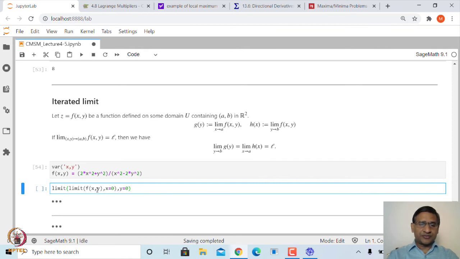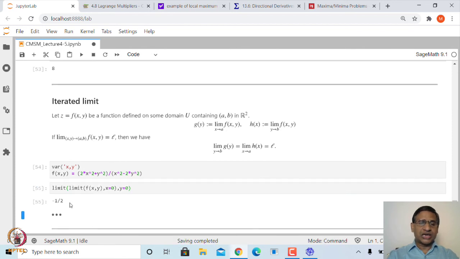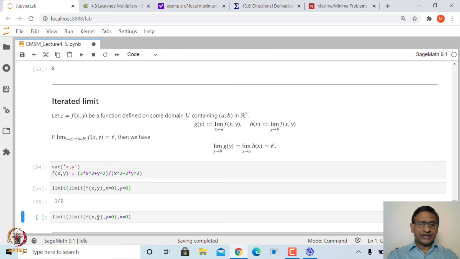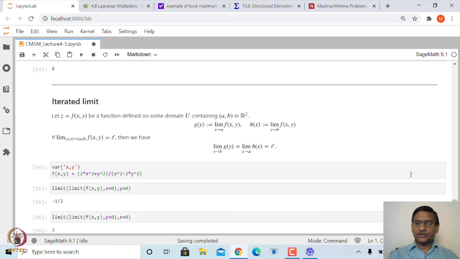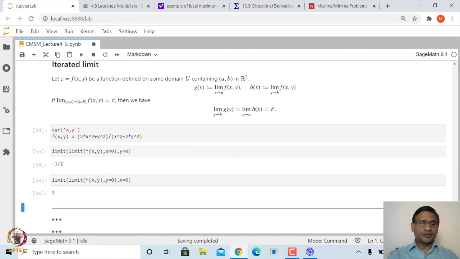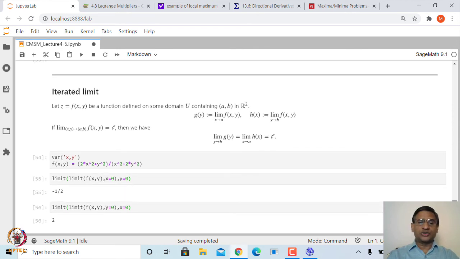When we take the limit first with respect to x and then with respect to y, this limit is minus half, whereas if I take first with respect to y and then with respect to x, this limit is 2. So again, you can see these two iterated limits are not the same. That again proves that the limit of this function at (0,0) doesn't exist, because if the limit exists, then both these iterated limits should have been the same.